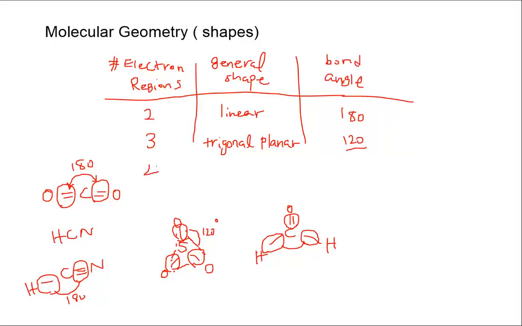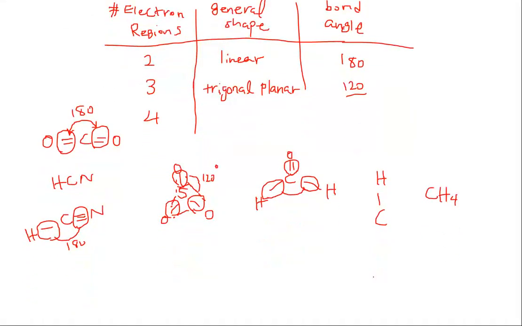Okay, when we have 4 electron regions around the central atom, something like methane, methane has 4 hydrogens connected to the central atom, so we'll have a tetrahedral shape like this. 1 hydrogen here, another hydrogen here, until here, all in the same plane.